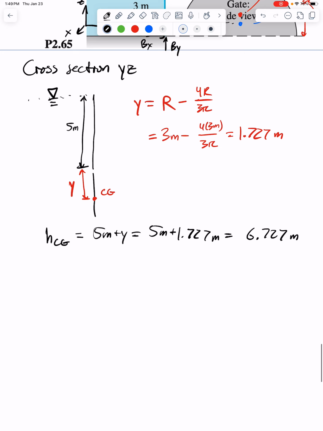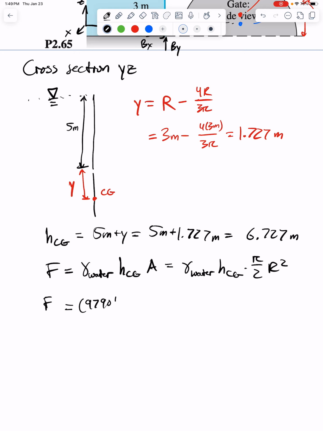Therefore, the force being experienced by the gate is specific weight of the water times the fluid column height above the centroid times cross-sectional area. And because we're working with a semicircle, the cross-sectional area is pi over 2 times r squared. Therefore, I have 9,790 newtons per cubic meter times 6.727 meters times pi over 2 times 3 meters squared.